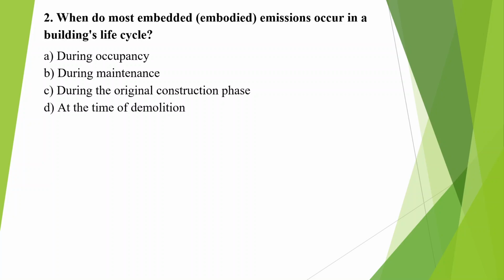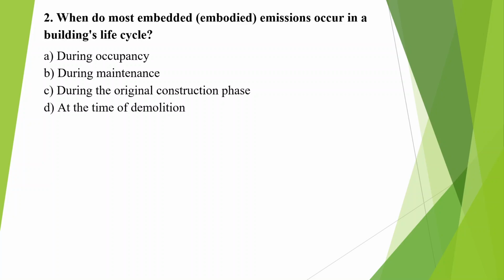We have to construct it. Constructing a building is a long process, and it takes several machines and several workers, who also come from long distances by transportation. Materials are also coming by transportation from different places. So the construction phase itself takes a long time and a lot of energy and emissions.